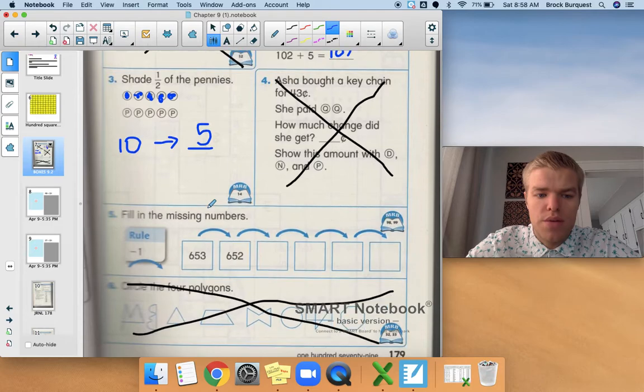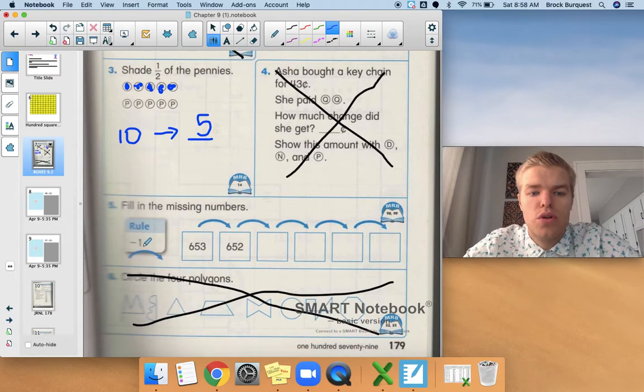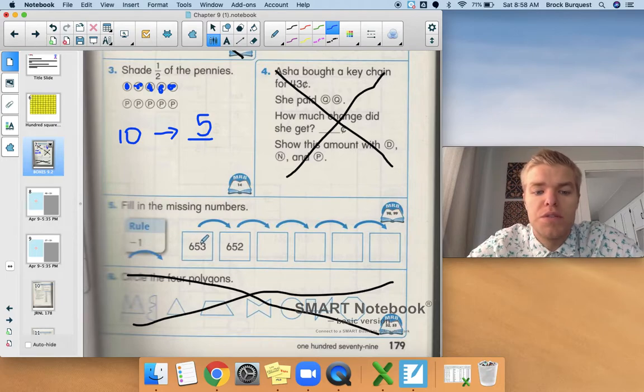All right, let's look down. Remember we do these frames and arrows. Okay, so our rule is take away 1. So from 653 to 652, if we took away 1 more, we take 1 from the ones place, we would actually write 651.